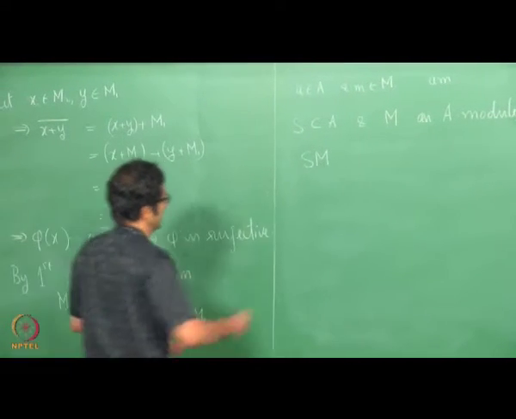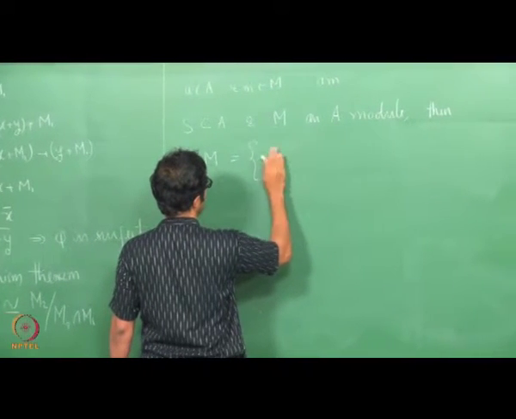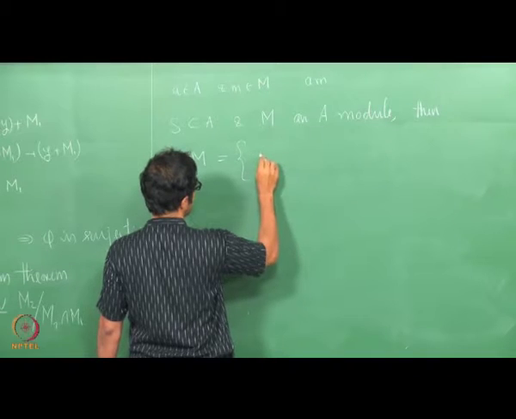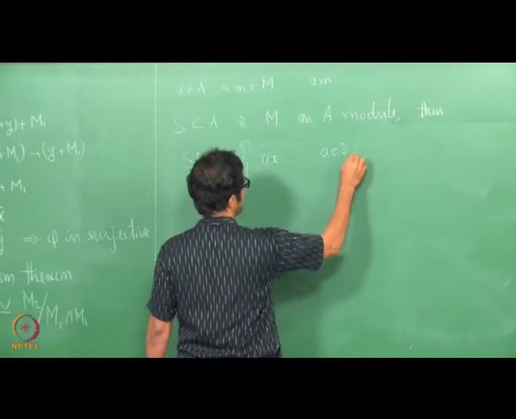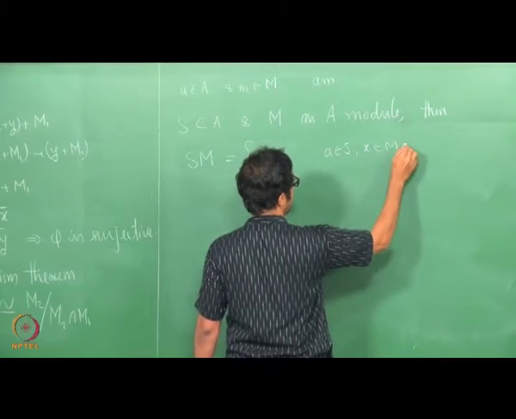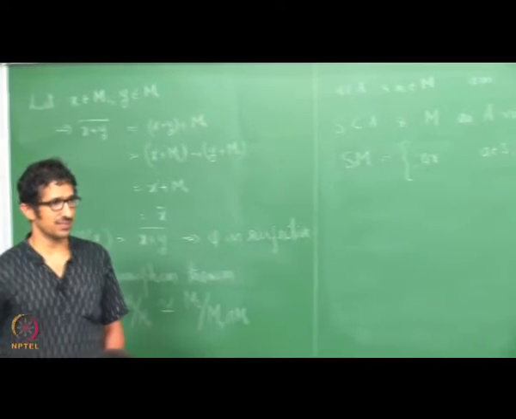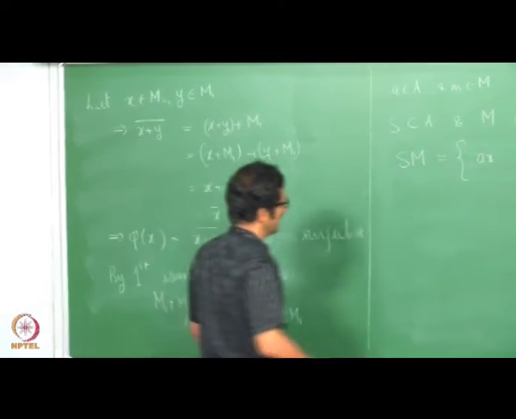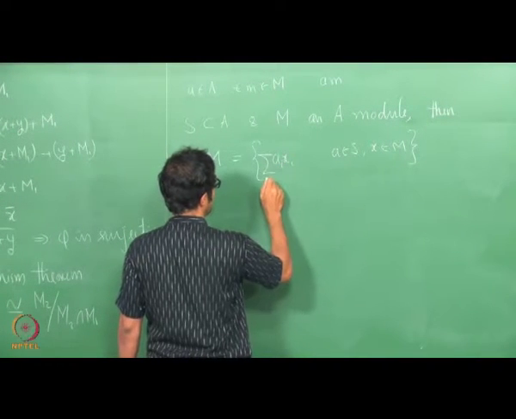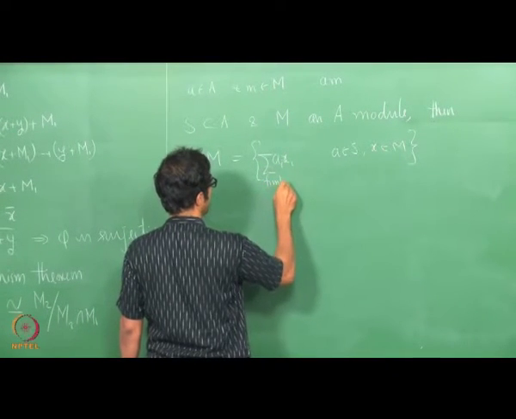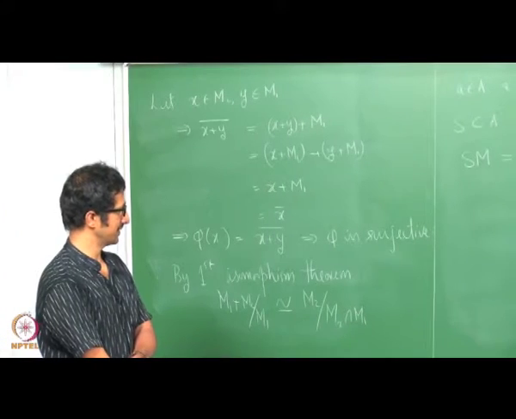So, if I define this to be ax where a belongs to S and x belongs to M, there is no problem, but that will not make any sense, it will just be a set. So, instead what we do is we take the finite summation of a_i x_i with a_i from S and x_i from M.